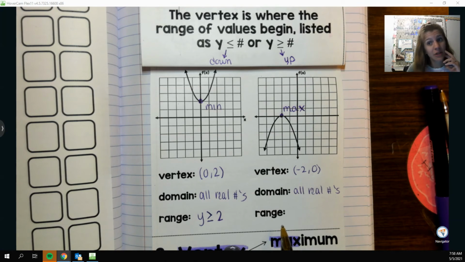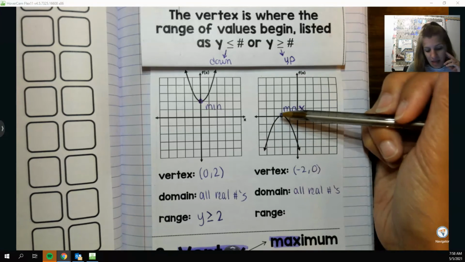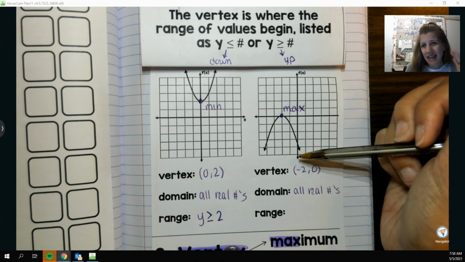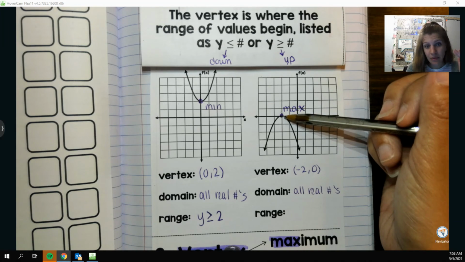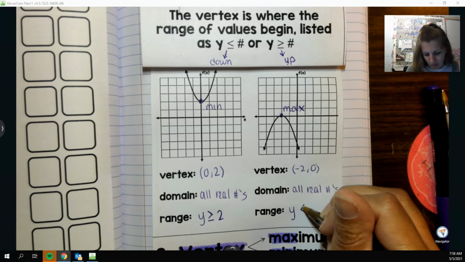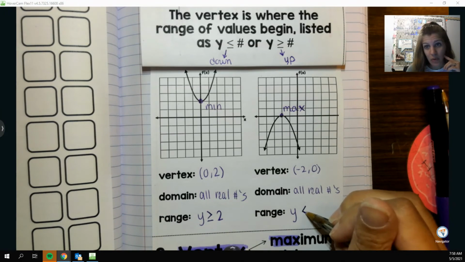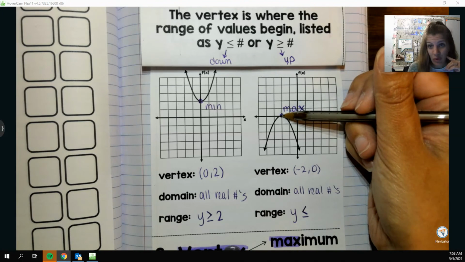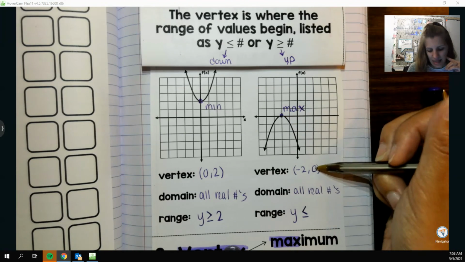The range, however, is always restricted. Because this parabola only goes down, that means it had to have this highest point. So because it has a highest point and it's going down, down, down, the y values are going to get smaller, smaller, smaller, or less than or equal to this topmost value, which was at 0.